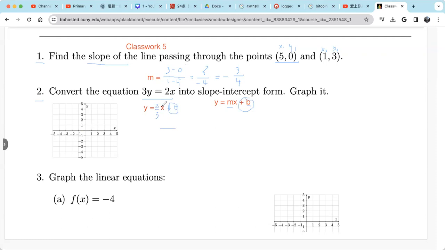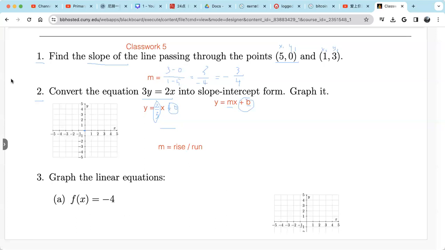So let's graph this. The slope is 2/3. So we know the origin is on the graph. When b is 0, (0, 0) is the y-intercept and also the x-intercept. And for the slope 2/3, sometimes we like to interpret m as rise over run.